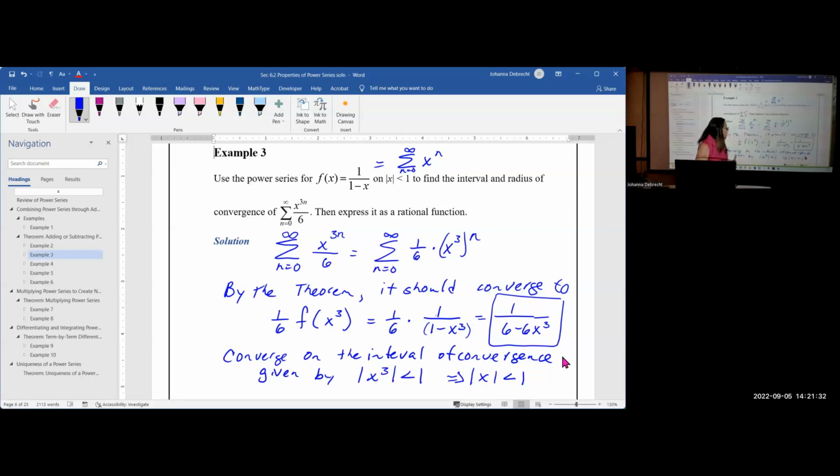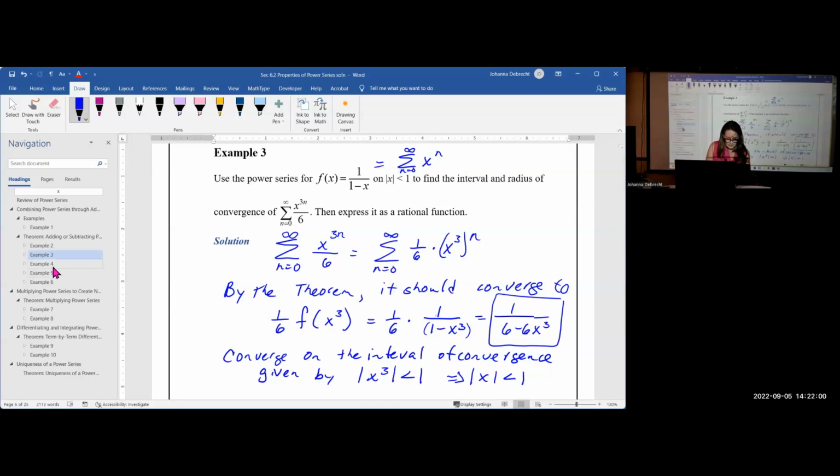So in this case, we have a new function, 1 over 6 minus 6x cubed, represented by this power series, x to the 3n over 6, and it applies on the interval of convergence between -1 and 1. This is how we apply the theorem to create new power series and new function representations from old ones.